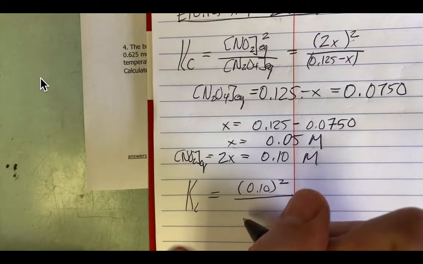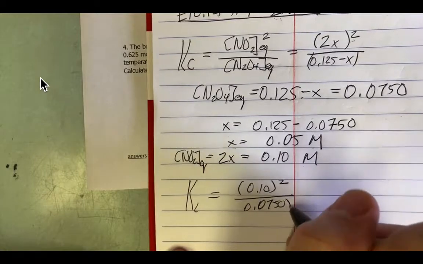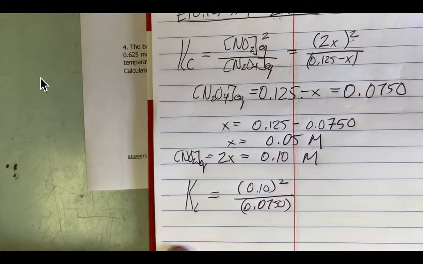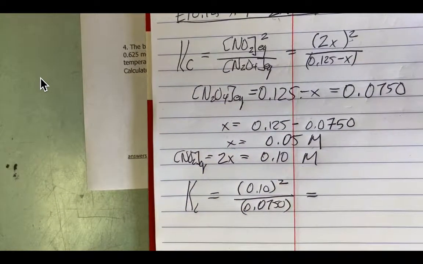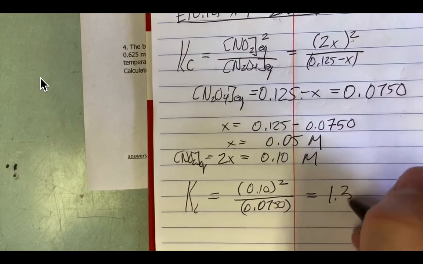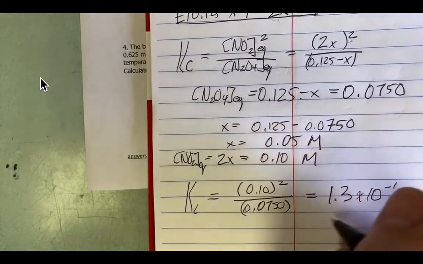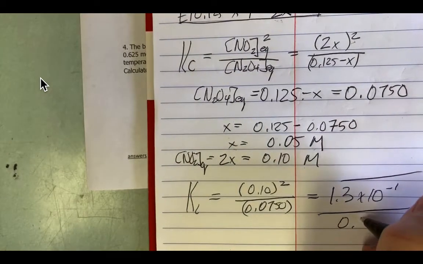And then 0.0750 was my given concentration at equilibrium for the N2O4. Okay, and so then my final equilibrium constant here for this reaction is 1.3 times 10 to the minus 1, or just simply 0.13.